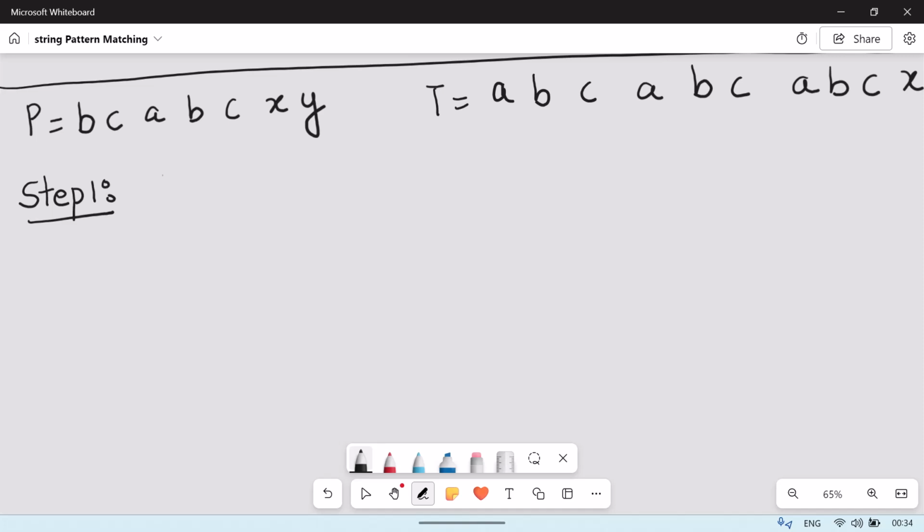So I'll write the table. So it is B, C, A, B, C, X, Y. This is for your pattern.